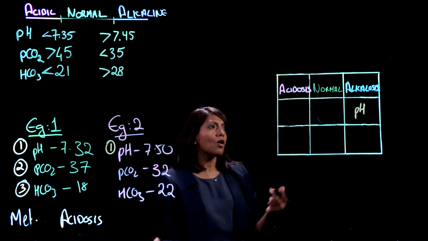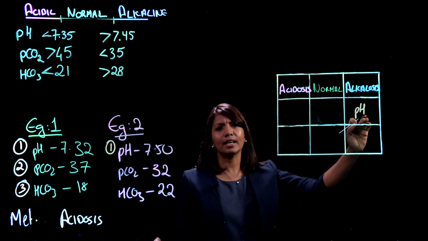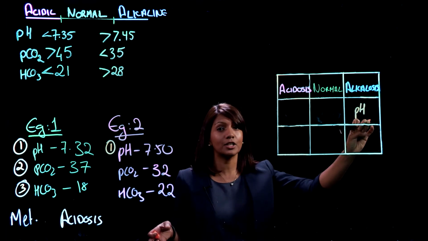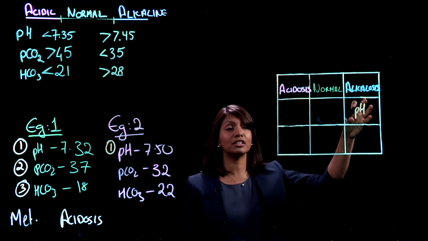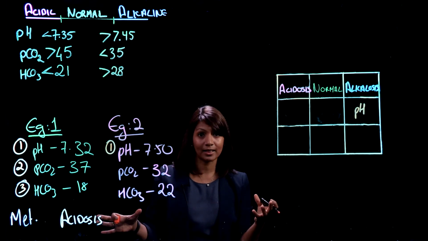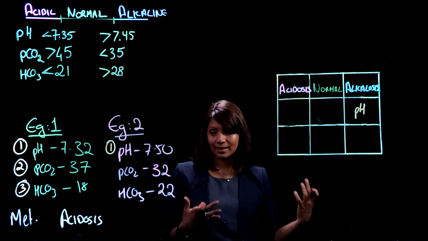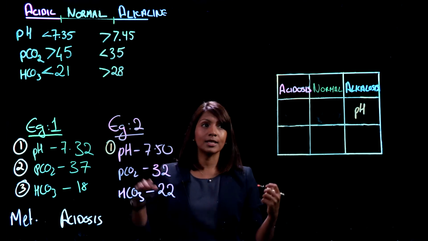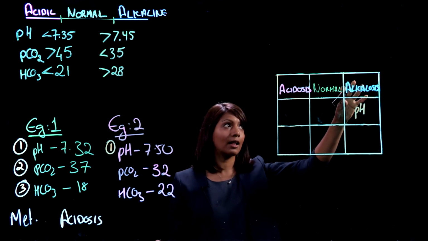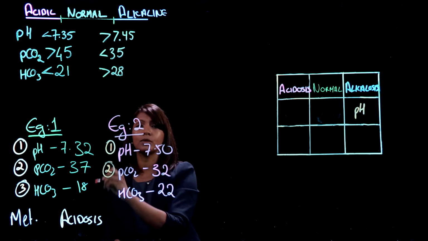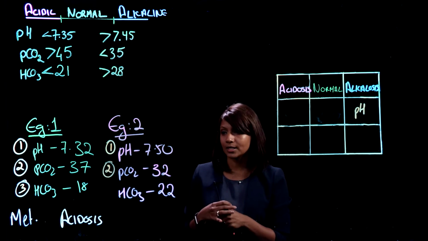Okay, so what's my next thought? The pH is alkalotic. I want to know what's causing my client's pH to be alkalotic, because if I just have this information, I don't know enough about my client. It doesn't really reflect what might be going on. So I'm going to assess the two components that could be causing the pH to be alkaline. First off is the PCO2, which is the carbon dioxide.